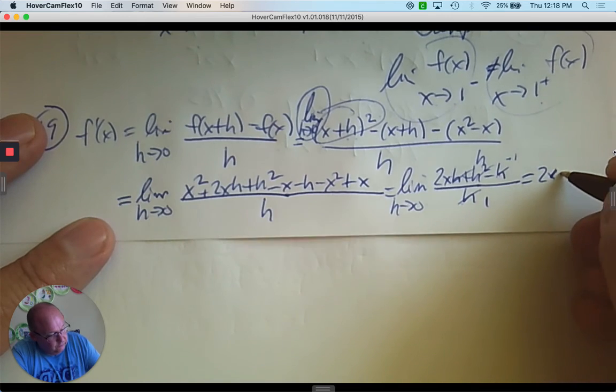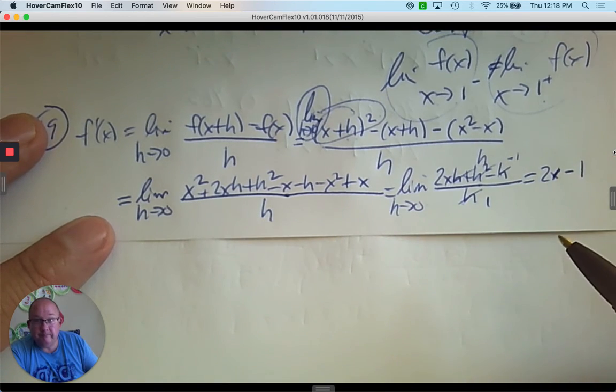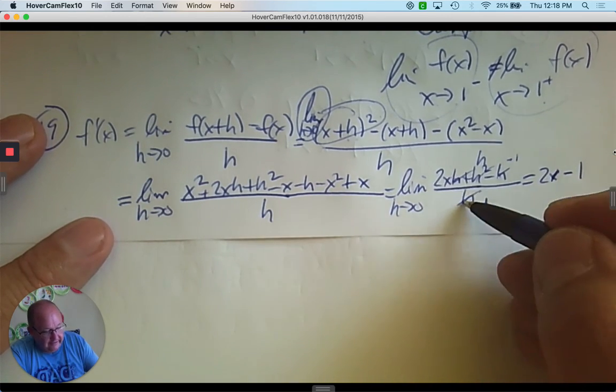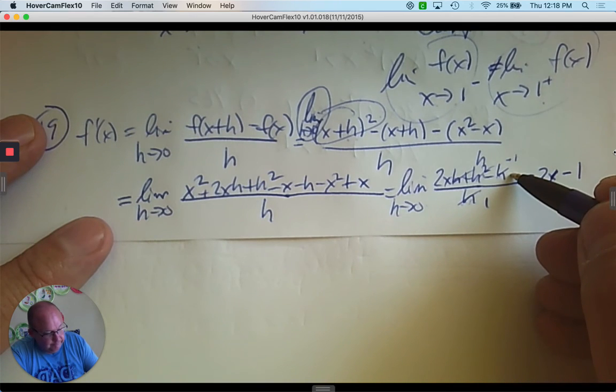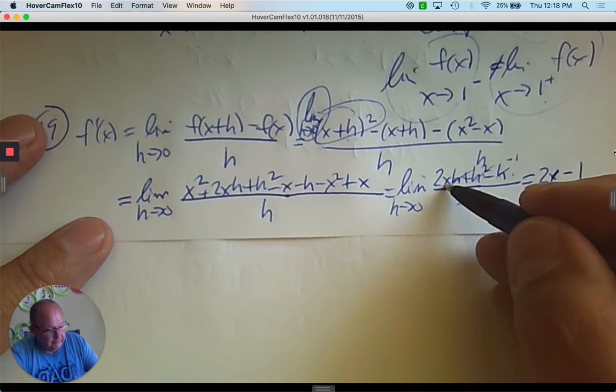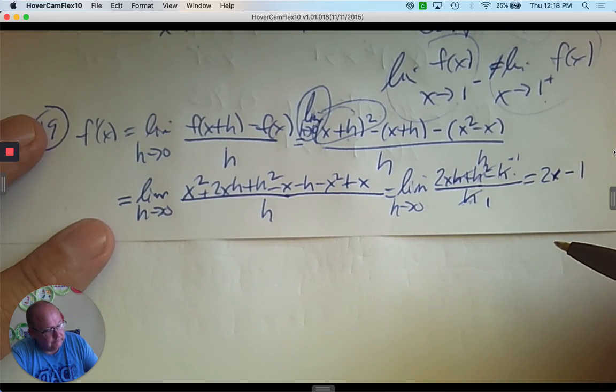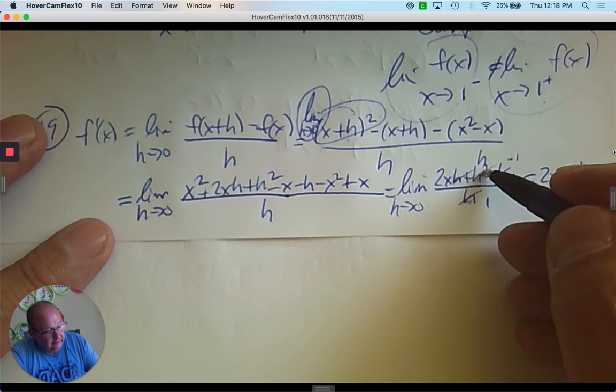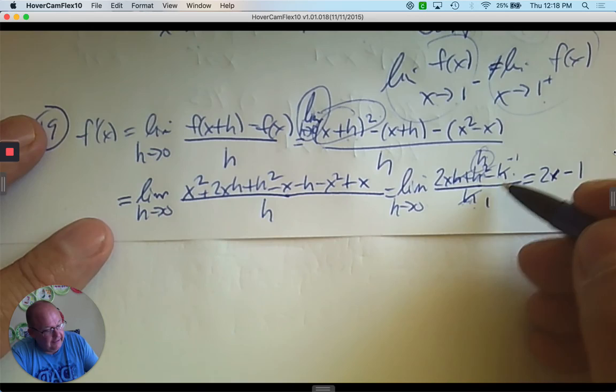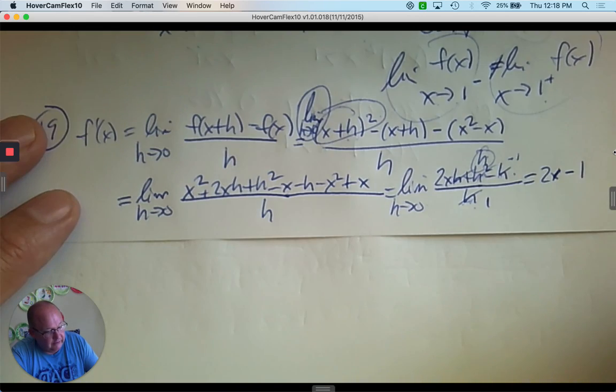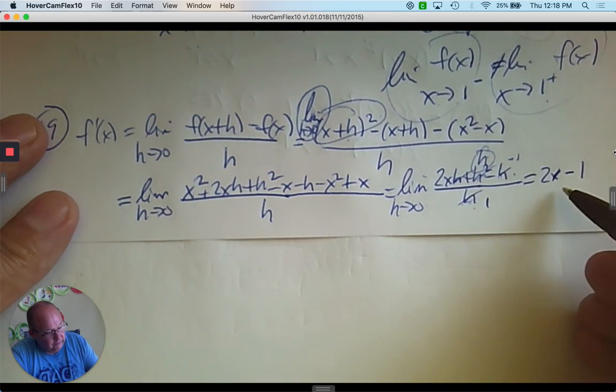So you're left with 2x minus 1. So again, I divided an h out of each one. When I divide an h here, I'm left with 2x. When I divide an h into the h squared, I'm left with h. And h into negative h, I'm left with negative 1. So when you plug in 0 for h, this is what I'm left with.